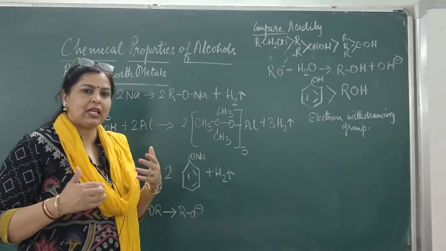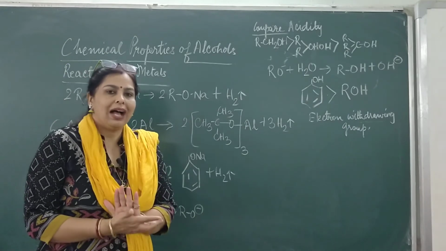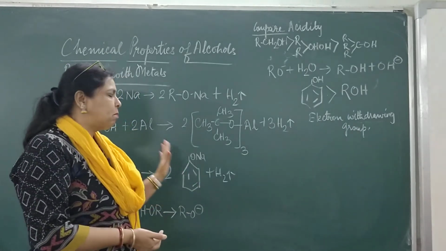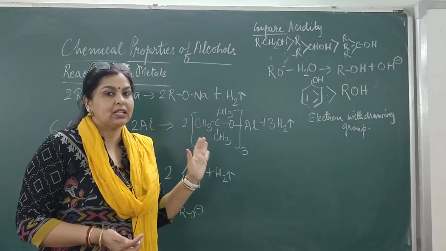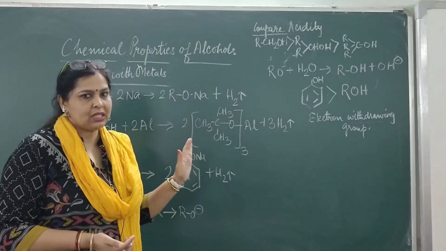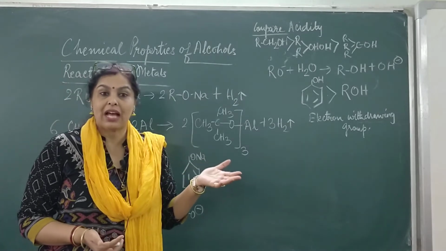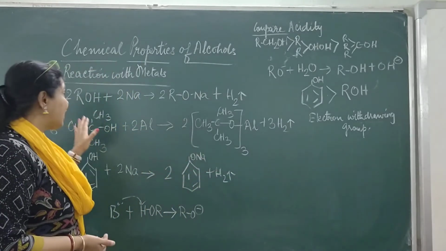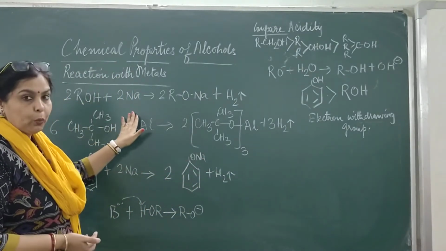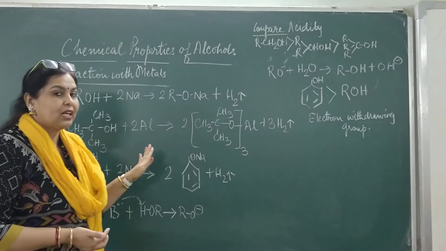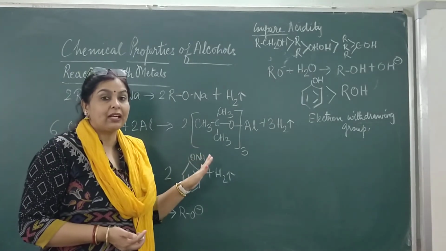So what are we seeing? Every time alcohol is reacting with a metal, hydrogen is released. That means the one which releases hydrogen is acidic in nature. So reaction of alcohol with metal proves that it is a Bronsted acid.